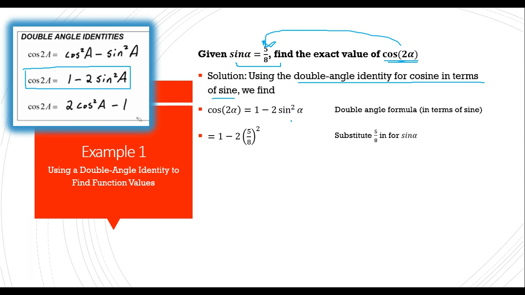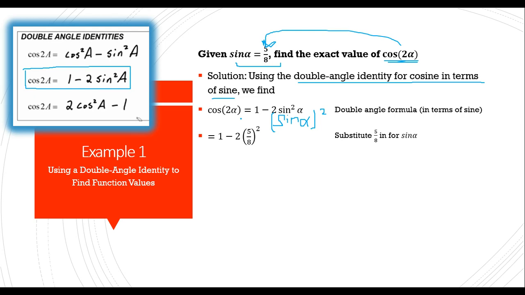This really means, I guess I should have written, sine of alpha quantity squared. That's the same thing. So I'm just going to substitute in 5/8 for sine of alpha. So I have 1 minus 2 times 5/8 quantity squared, substituting in 5/8 for sine of alpha, which was given.